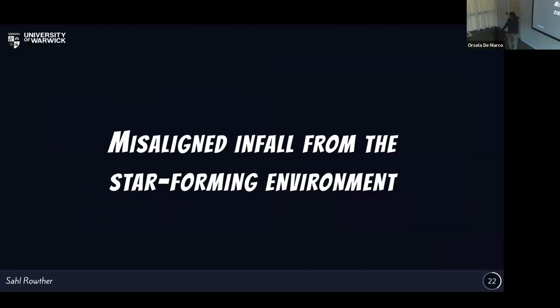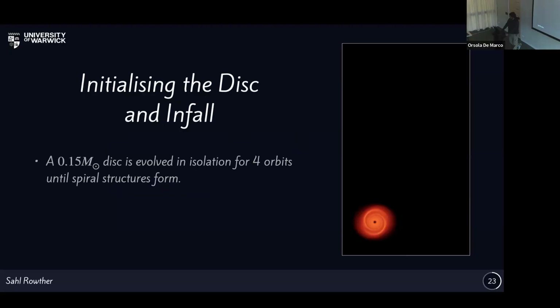So what I do in this work is I want to understand how misaligned infall from the star-forming environment impacts gravitational instability. To do that, we first set up a 0.15 solar mass disk and evolve it for 4 orbits in isolation until spiral structures form.